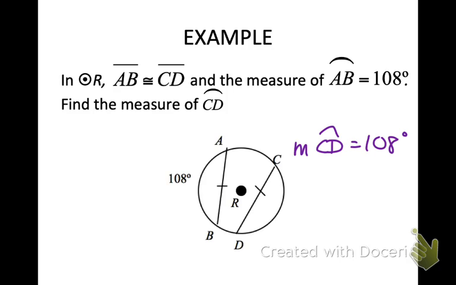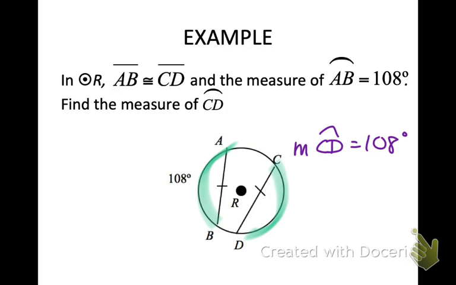Good. Because my chords are congruent, the minor arcs created by those two chords will be congruent. And then it works in reverse. If the arcs were congruent, then I would know that the chords would be congruent.